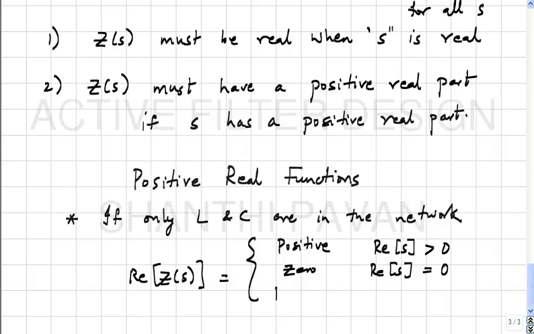Then if the real part of S is less than 0, then Z of S evaluated at such an S, the real part of Z of S will also be negative. Does it make sense?